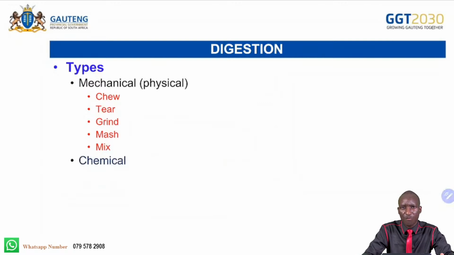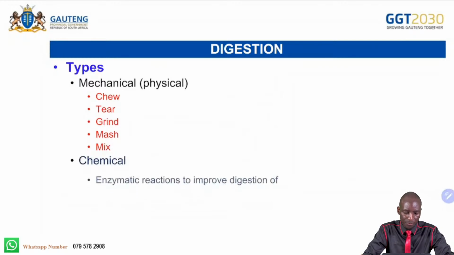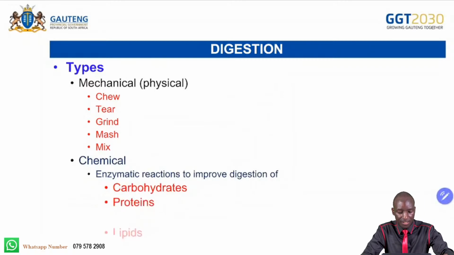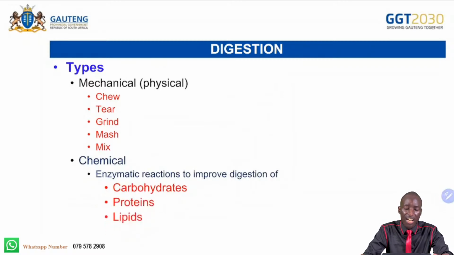Now look at the other part of digestion, which is the chemical digestion. What happens in chemical digestion? Enzymatic reactions to improve digestion of carbohydrates, proteins, and lipids.